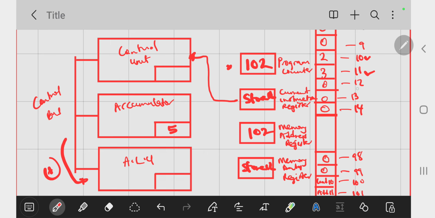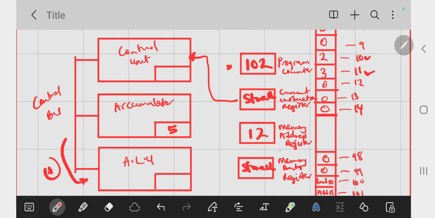So what's that memory address? It is 12. So this 12 is copied into the memory address register. So here you're going to have 12. Make sense?